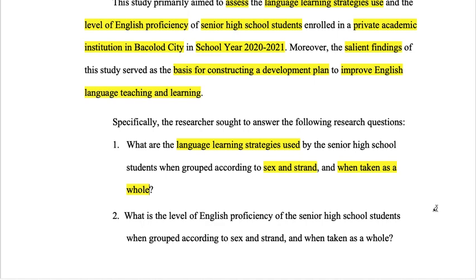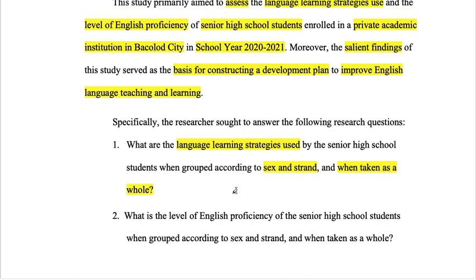So do the same. Do not put letters A, B, and C for sex, strand, and as a whole anymore. So you have to include these specific variables of your study in the question. So you always end with a question mark. So this is a very good example also of formulating a research question.